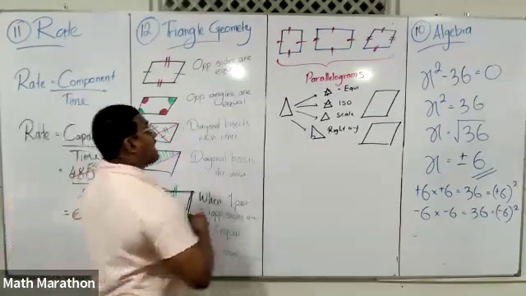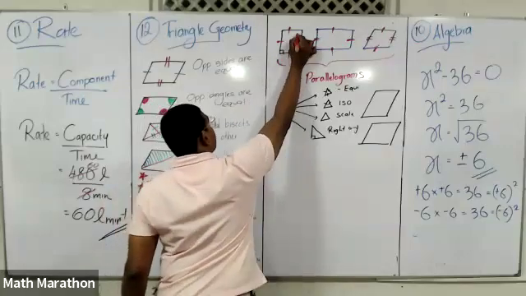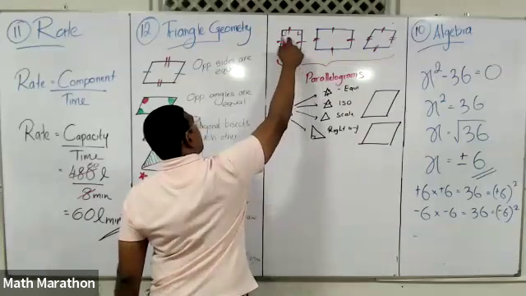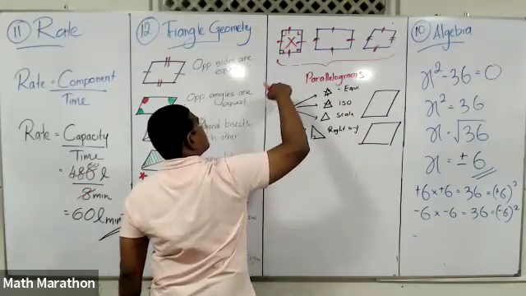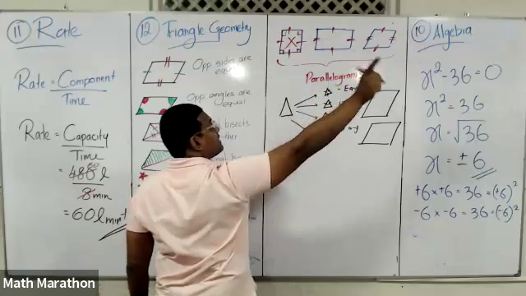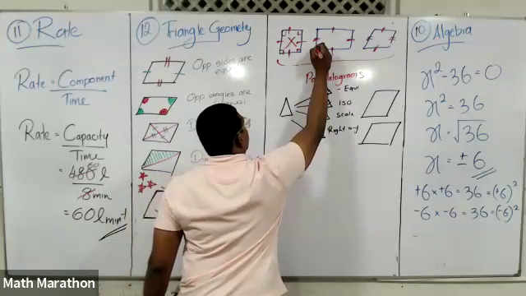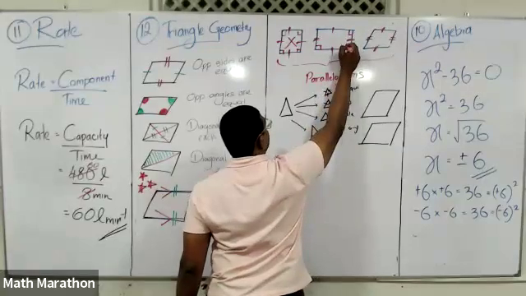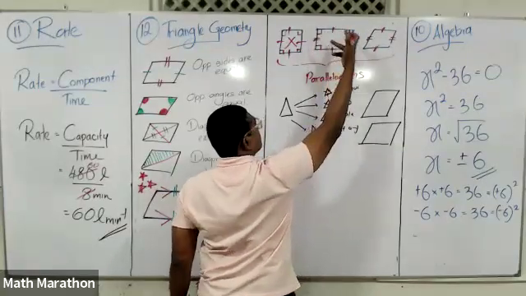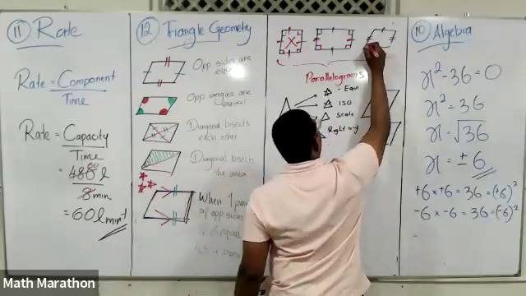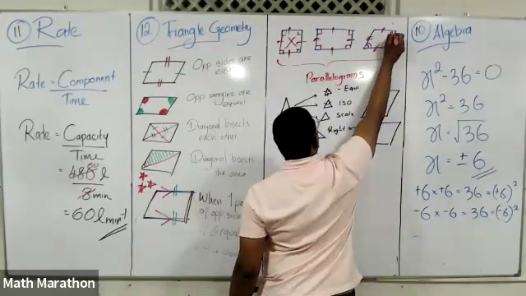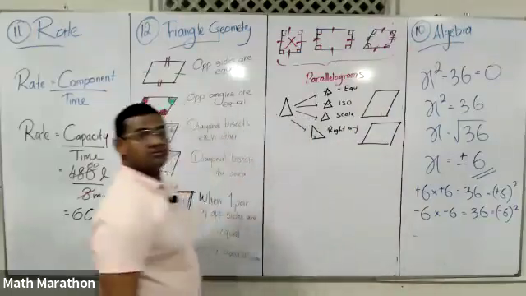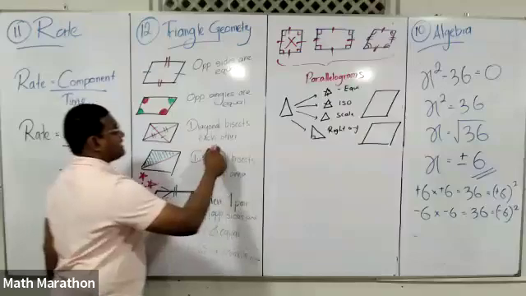What is the next one? Opposite angles are equal. 90, 90, 90, 90. The special case is all 4 angles are equal. Rectangle, opposite angles are equal. 90, 90, 90. Correct. Here, definitely this angle is equal to this angle. Diagonals bisect each other.